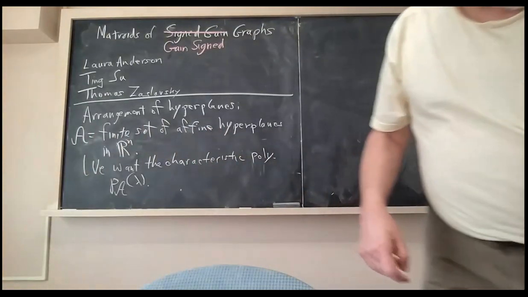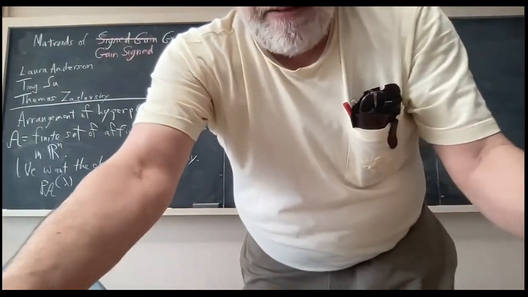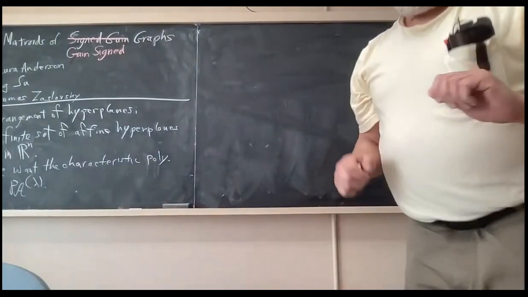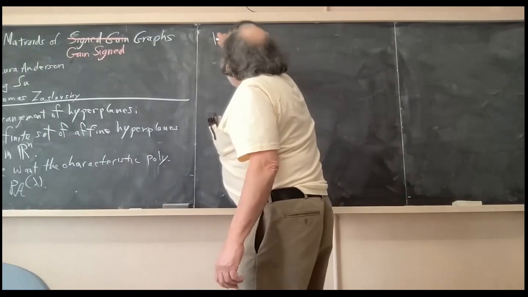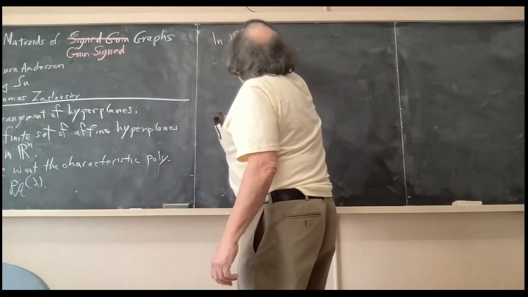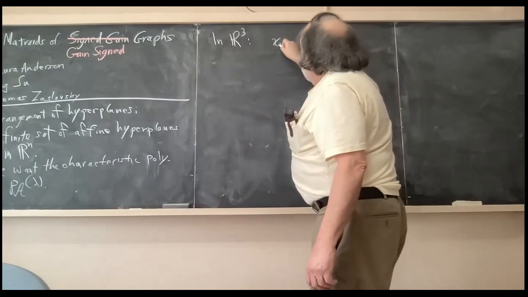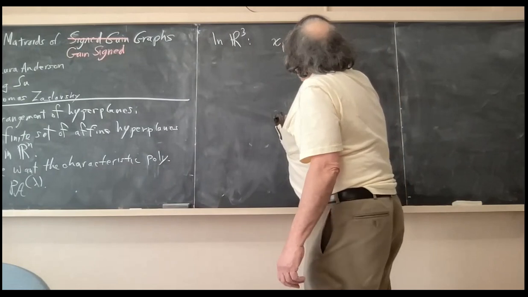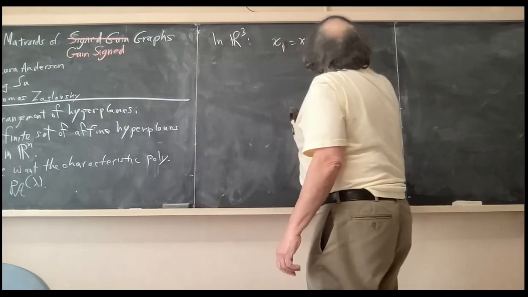Let's start with a hyperplane arrangement like this. Let's say in R cubed. Let's have two hyperplanes that look like this: x1 equals x2, x2 equals x3.